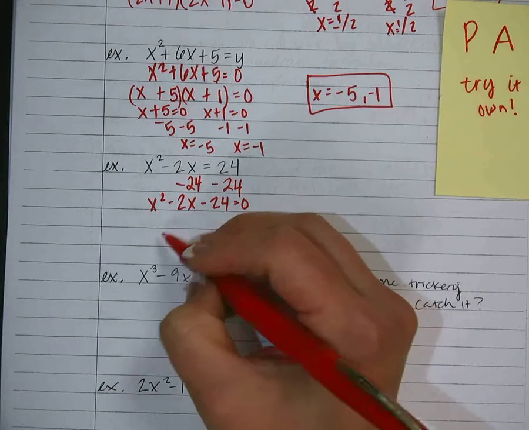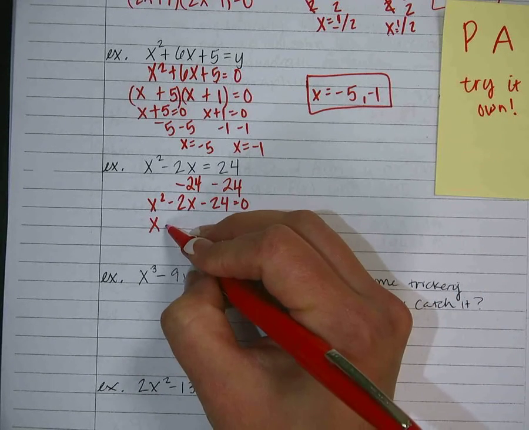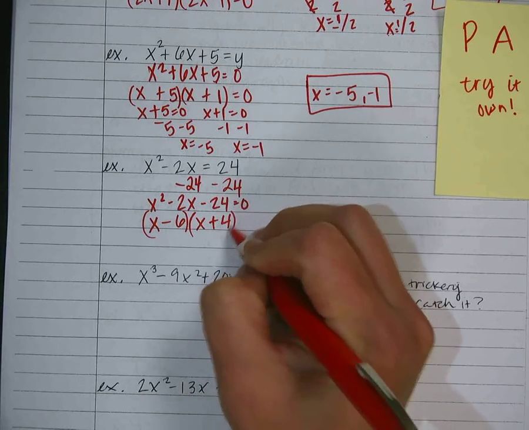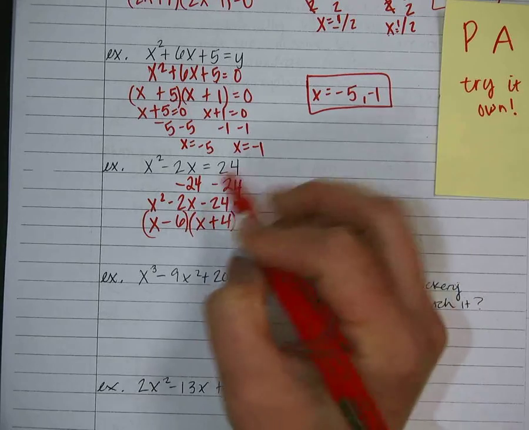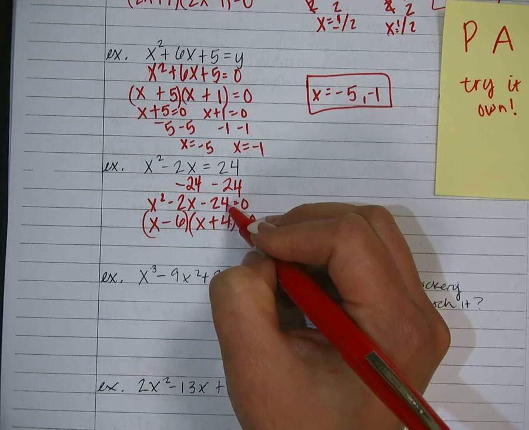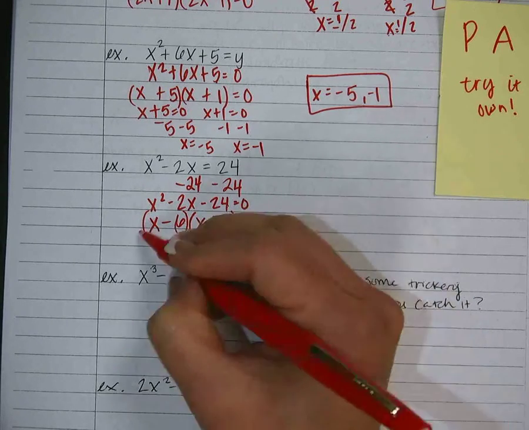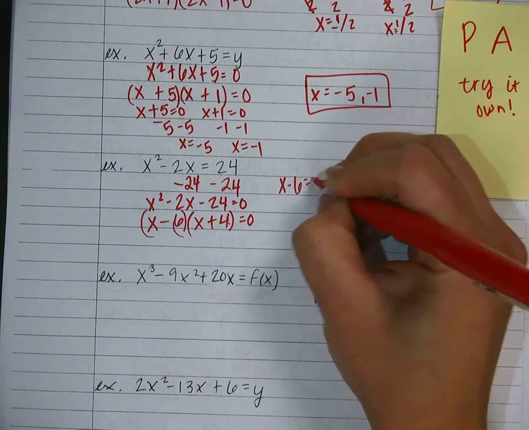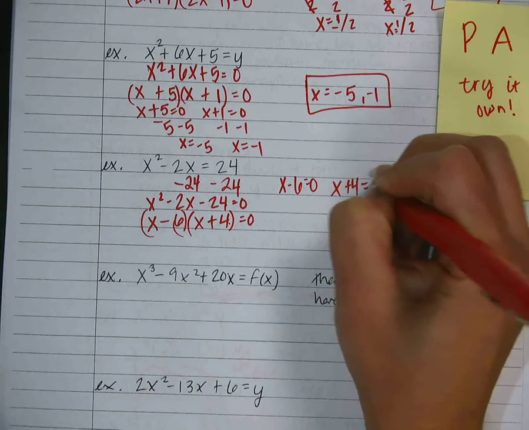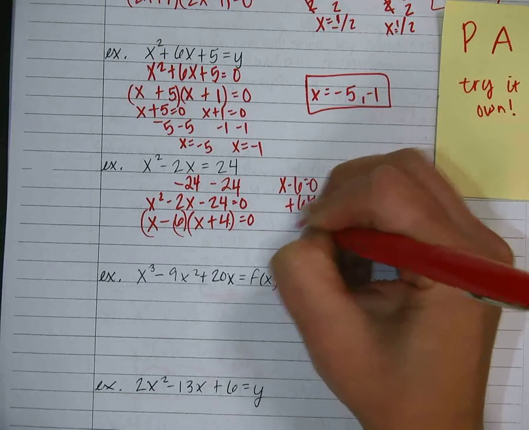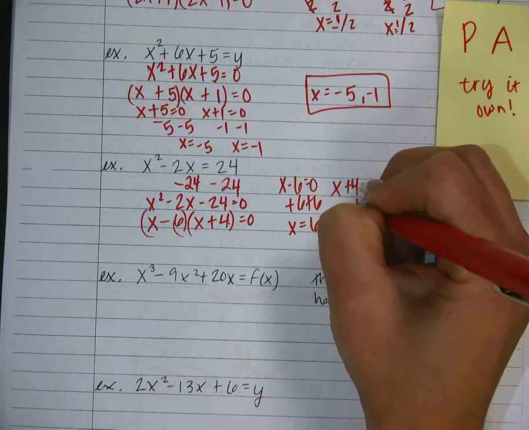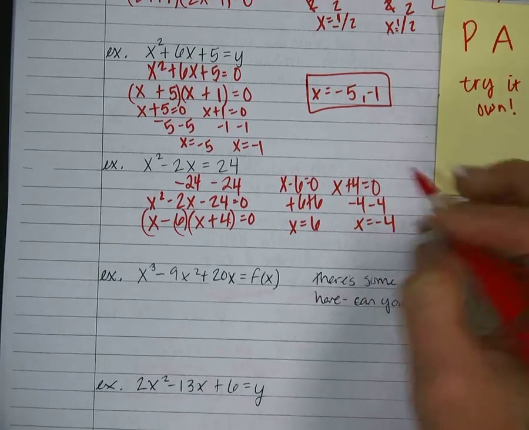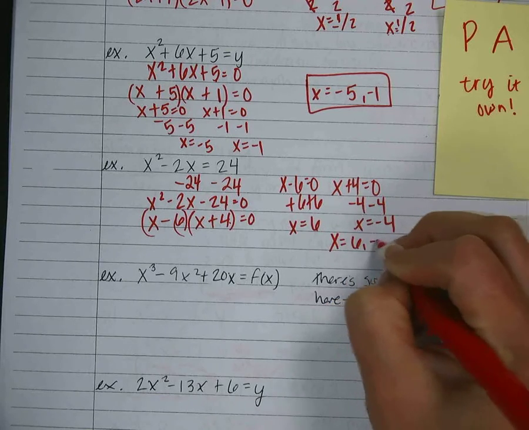Now I need to factor. -6 times +4 is -24. -6x plus 4x will give me a -2x. I'm going to add 6 to both sides, and I'll get x equals 6. Subtract 4 from both sides and get x equals -4. So x equals 6 and -4.